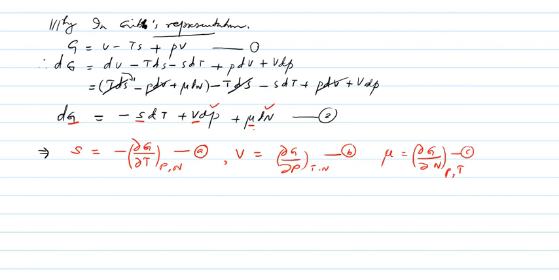So we have obtained the relationships: S can be expressed as a function of T, P and N through G. Then V also can be written in terms of T, P, N. These are known as the natural variables of that quantity in this representation, and mu can also be expressed as a function of T, P, N. If you are able to do this, then they serve us as the equations of state in that particular representation.